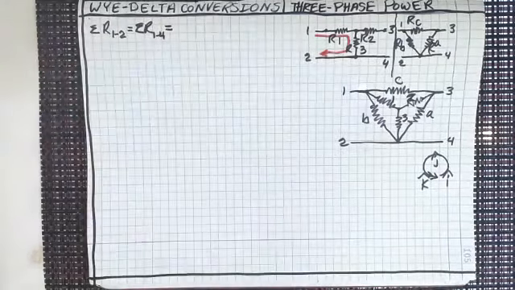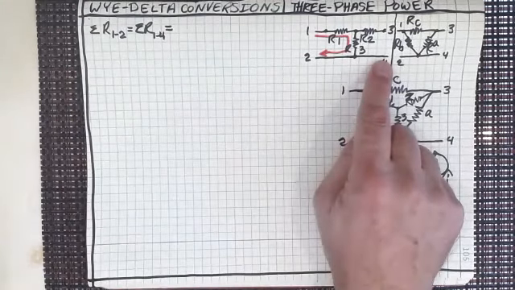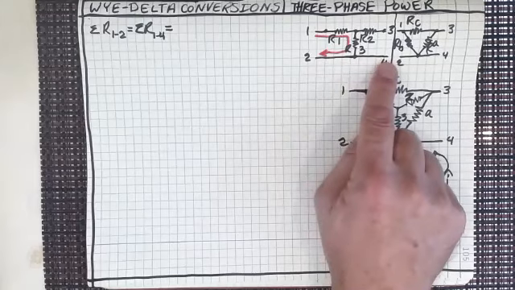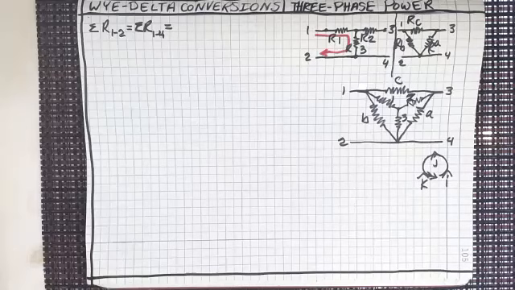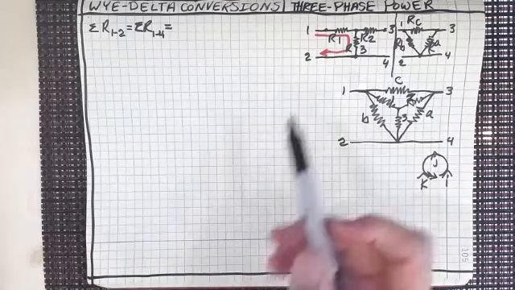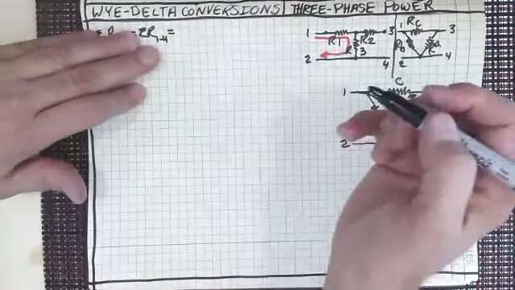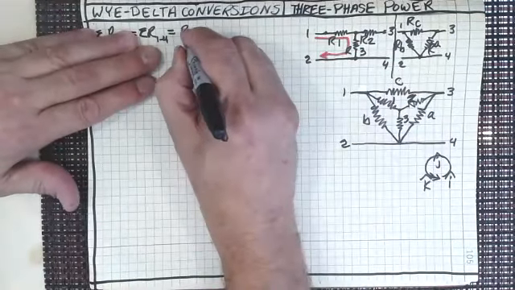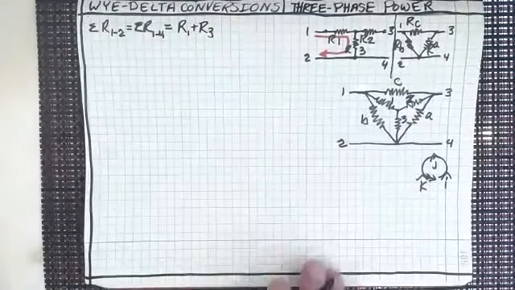Those are not independent equations because 2 and 4 are short-circuited down on the bottom of this figure, as everybody can see. So if I was to sum the resistances for the T connection along that route, I would have R1 plus R3. All right?